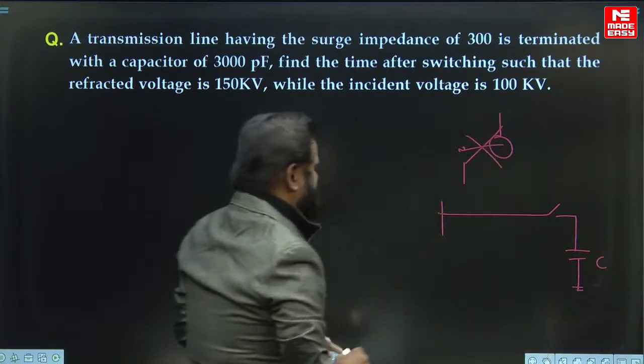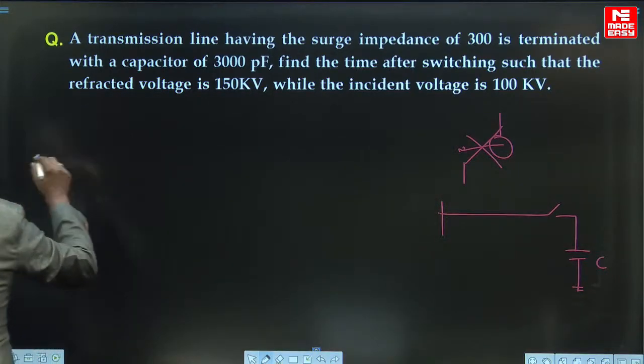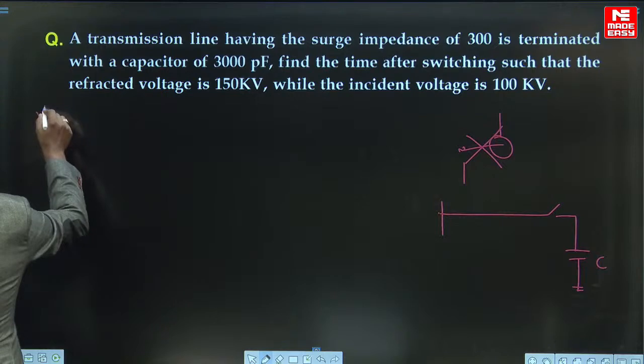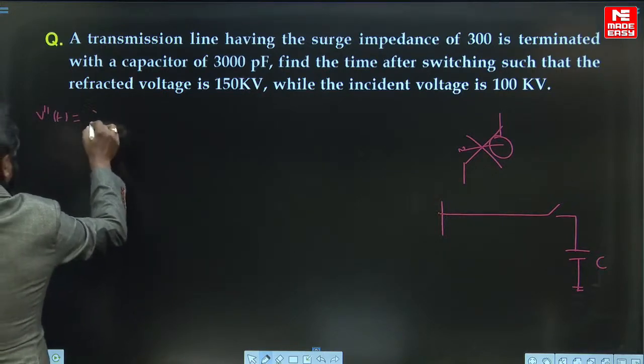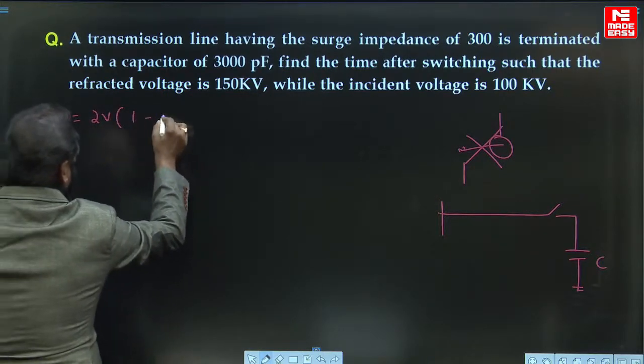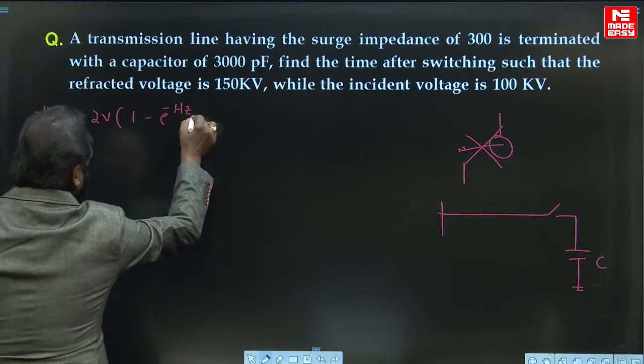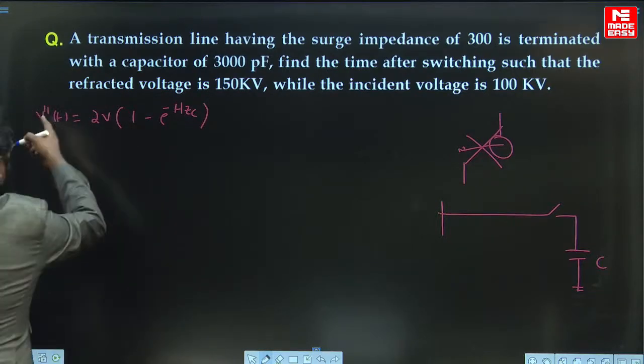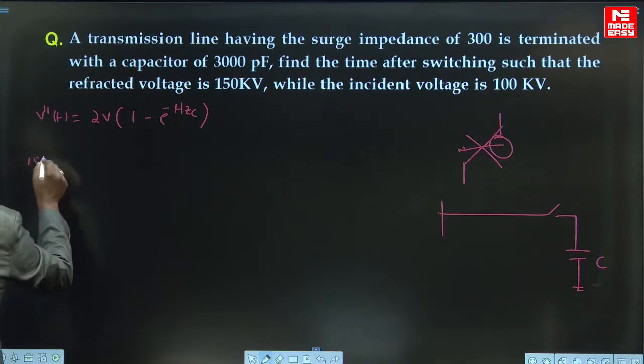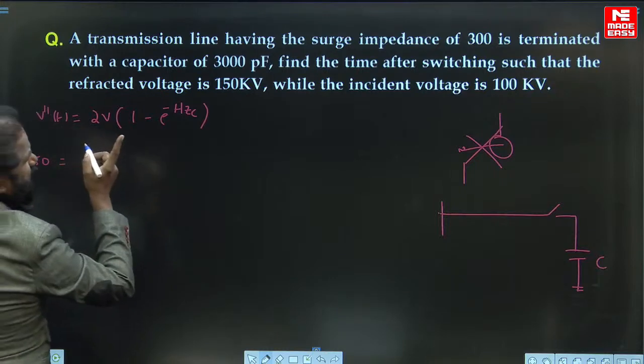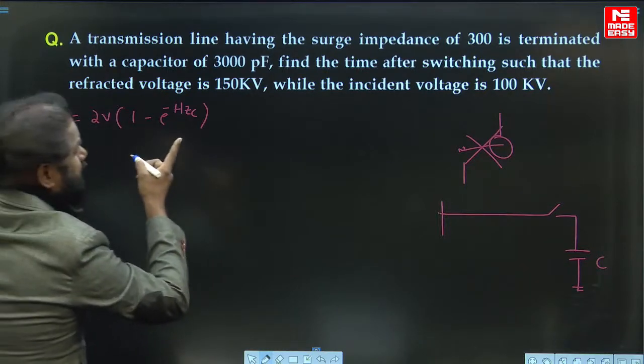Okay, in this case you can derive the network equation in such a way that V double dash of t equals 2V into 1 minus e power minus t by Zc. So here V double dash is given as 150, and the incident voltage is equal to 100.